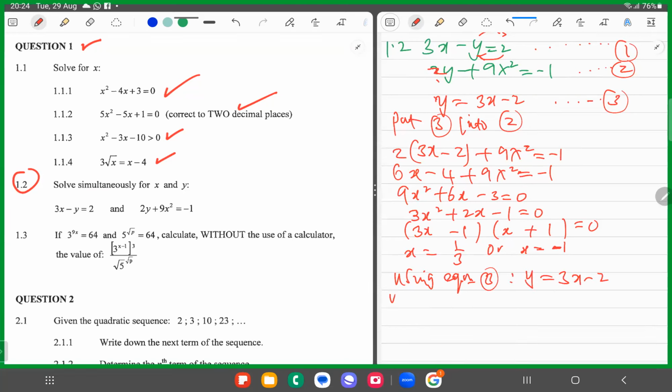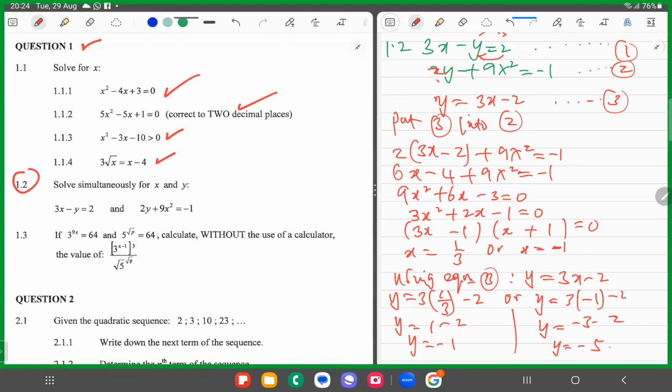You plug in the 1/3, so you put 1/3 here minus 2. You put minus 1 minus 2. Here you multiply through by the 3, it becomes 1 minus 2, which is minus 1. Here you put minus 3 minus 2, and it's minus 5.